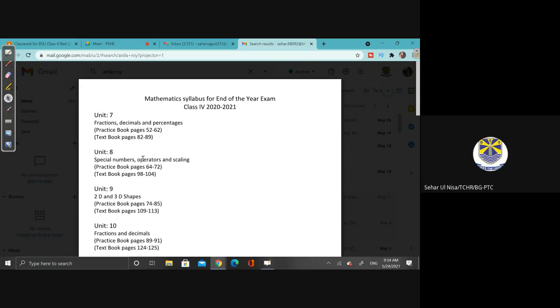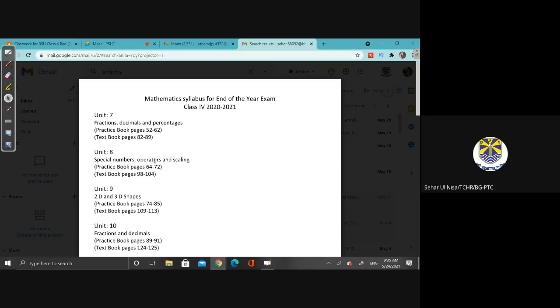We have done this, but we are going to revise it. So class, you have to see your practice book pages 52 till 62. I think we have completed all. Yes, teacher. Okay, so class, pages 52 till 62 are included. I'm going to tell you the different types of fraction, and then we will complete all fraction related topics.